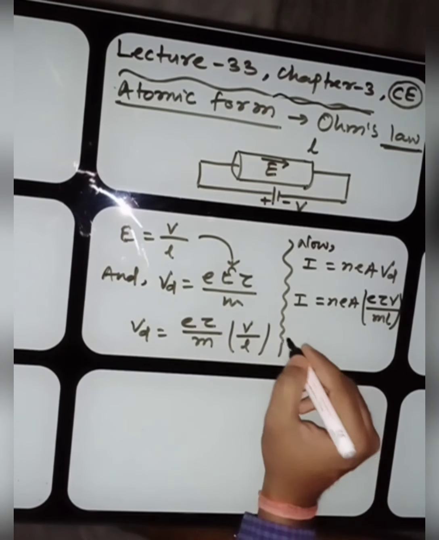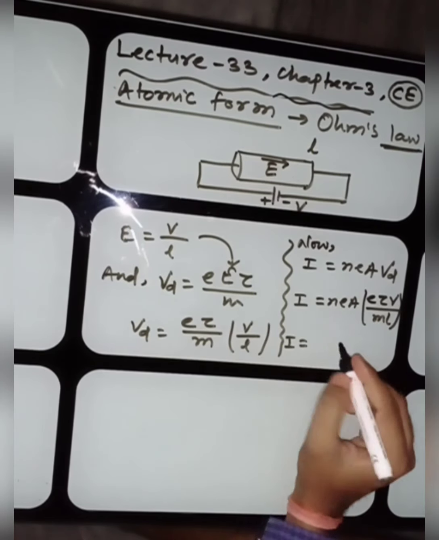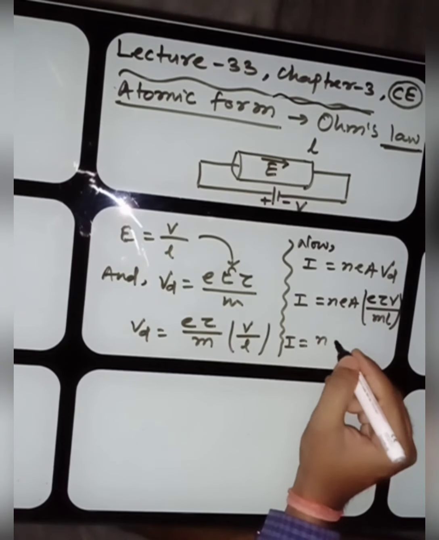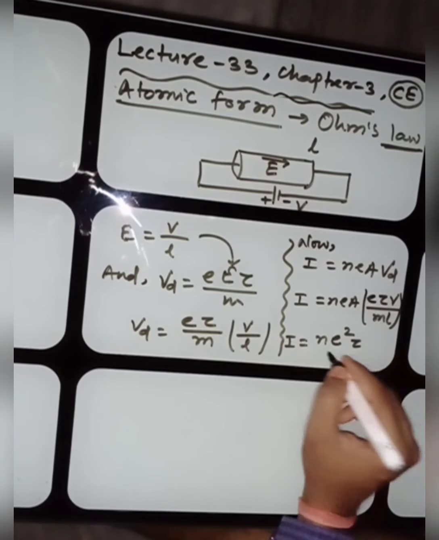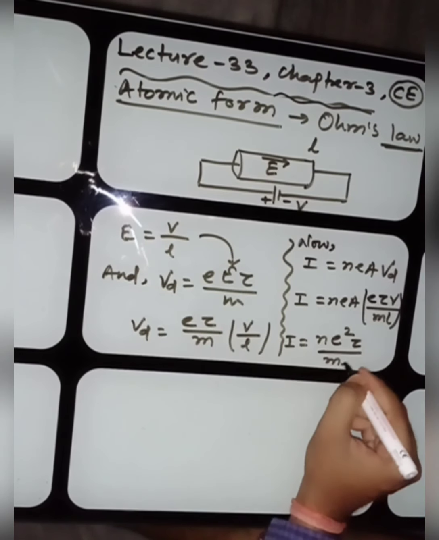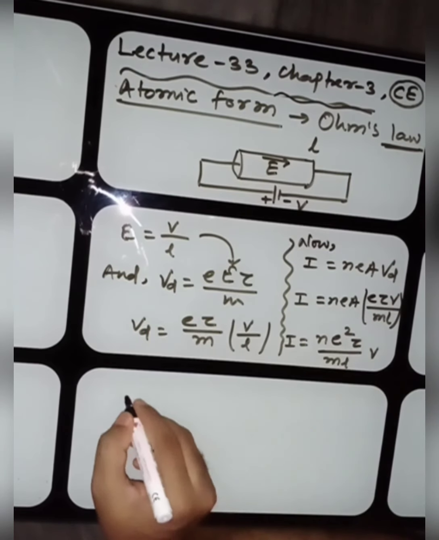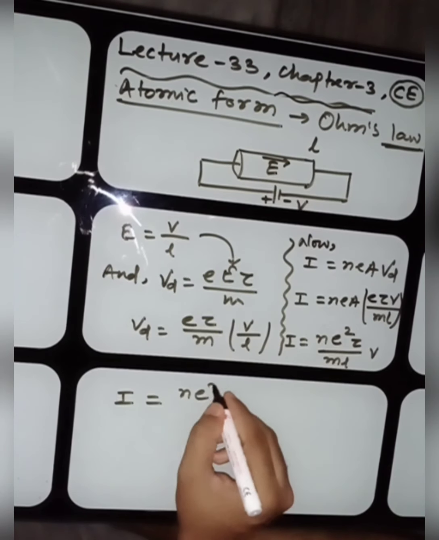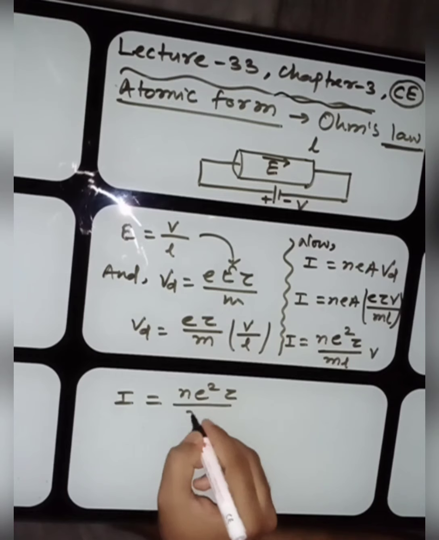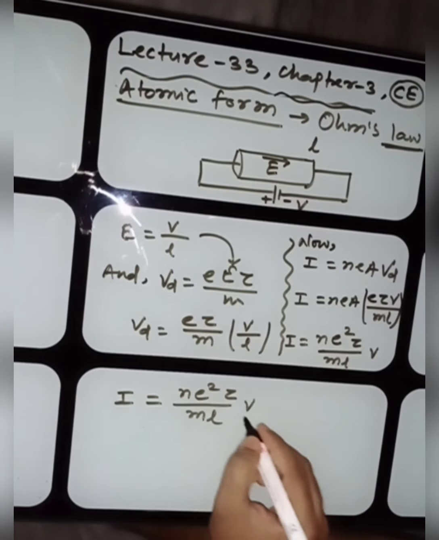What will happen? This I equals ne²τ/mL into V. We got a relation I equals ne²τ/mL into V.